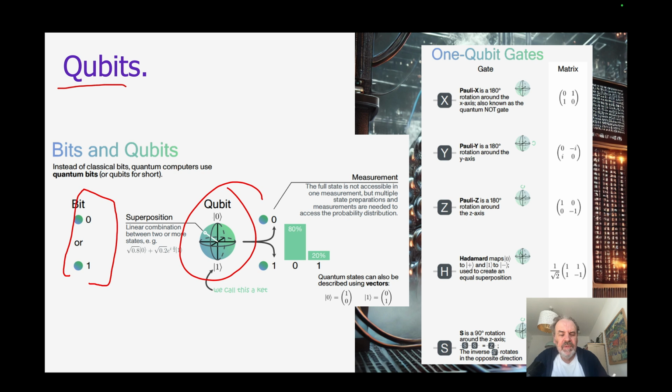So for this, we replace our existing normal Boolean gates with these ones here. This one will rotate 180 degrees on the x-axis for the qubits, this one 180 on the y-axis, this one on the z-axis, and so on. And we can create these qubit gates that allow us to build up our circuits as we would.